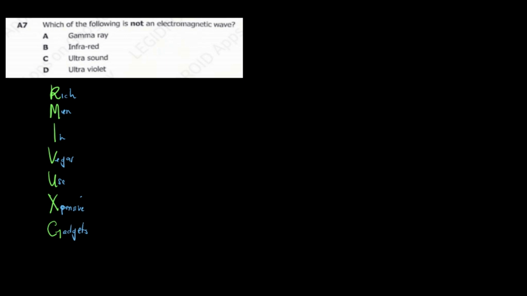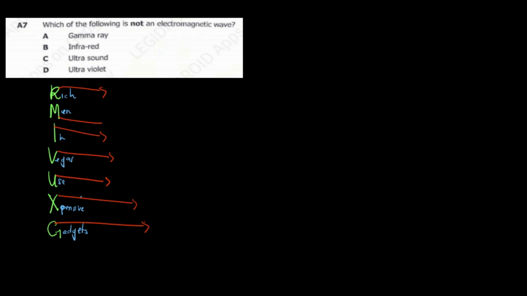Rich men in Vegas use expensive gadgets, where R stands for radio wave, M stands for microwaves, I stands for infrared waves, V stands for visible light, U stands for ultraviolet, X stands for X rays, G stands for gamma rays. Rich men in Vegas use expensive gadgets.